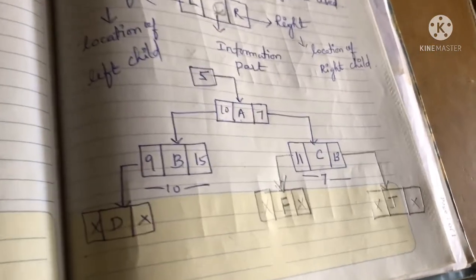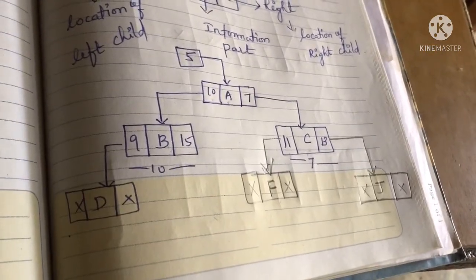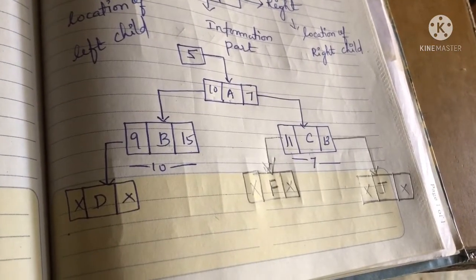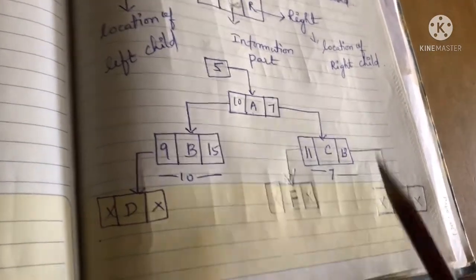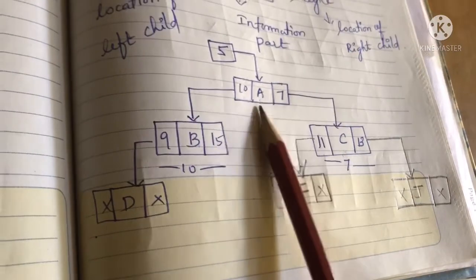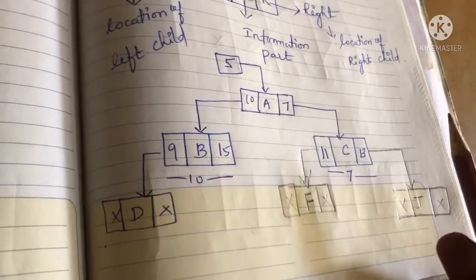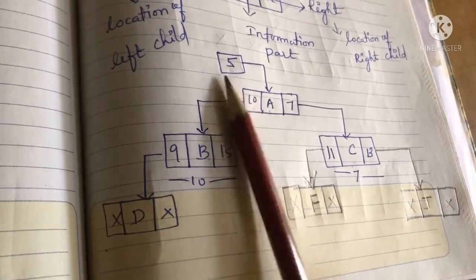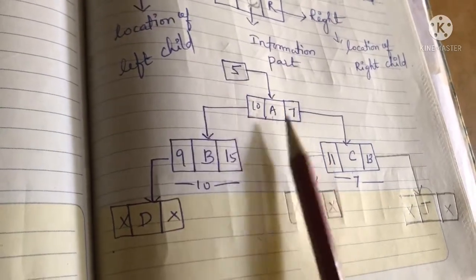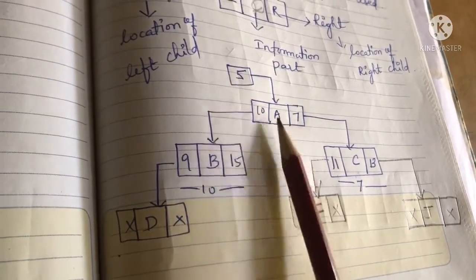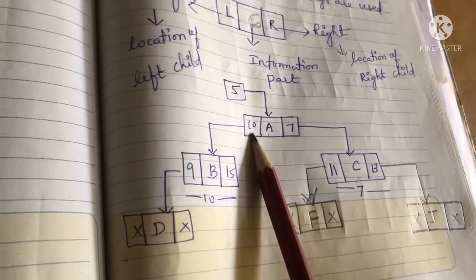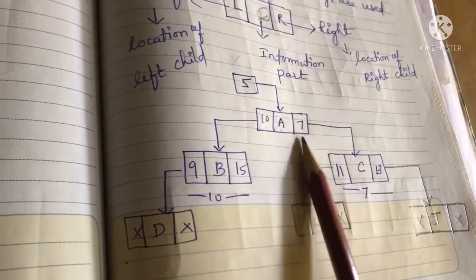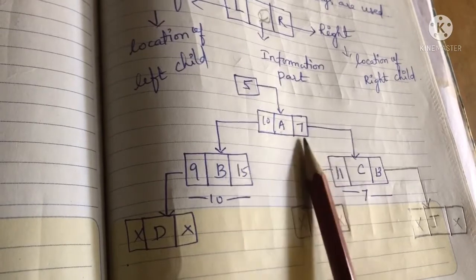In this example, what you should understand is that this representation is not in sequential manner, because each piece of data is stored in a different location. The starting location A is the 5th location, but the left child is stored in the 10th location and the right child is stored in the 7th location.